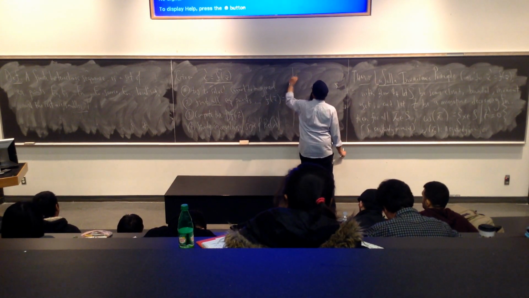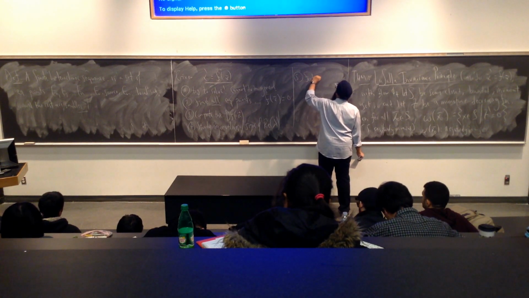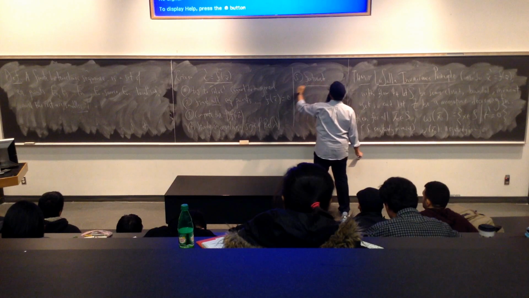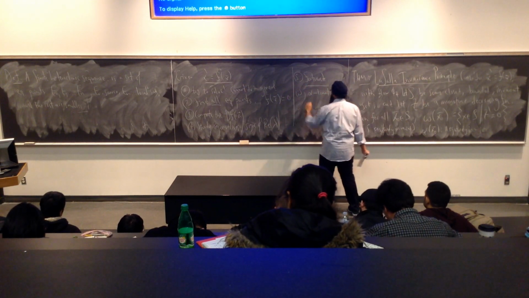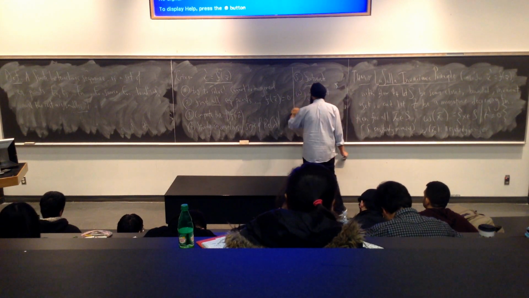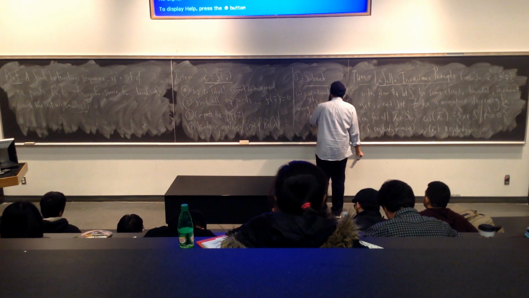And then step 5, if you're fortunate, you say something about the omega and alpha limit sets using the LaSalle invariance.